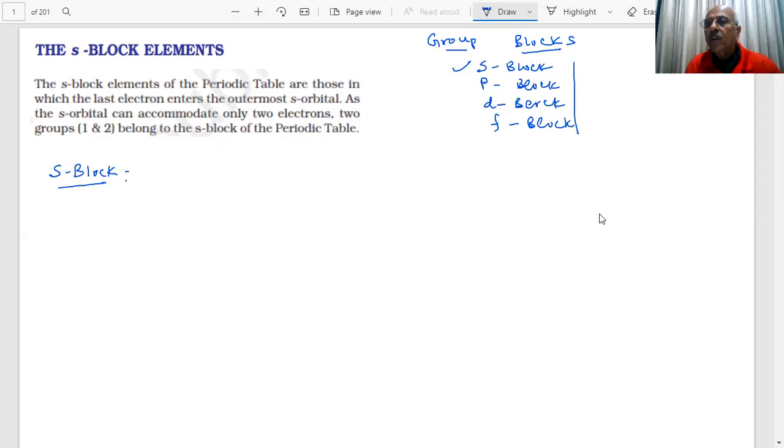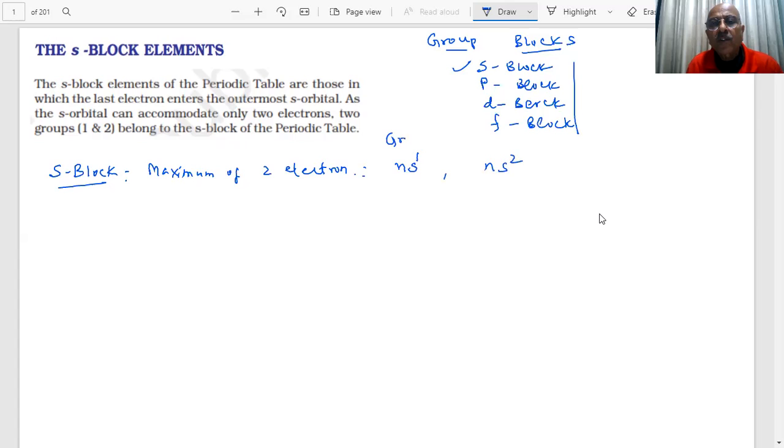And how many electrons can you put in the S? Maximum number of electrons in S can be how many, students? Two. There is only one S subshell and you can put a maximum of two electrons, right? Therefore, if I say n is the principal quantum number or the period number, then there will be ns1 and ns2.